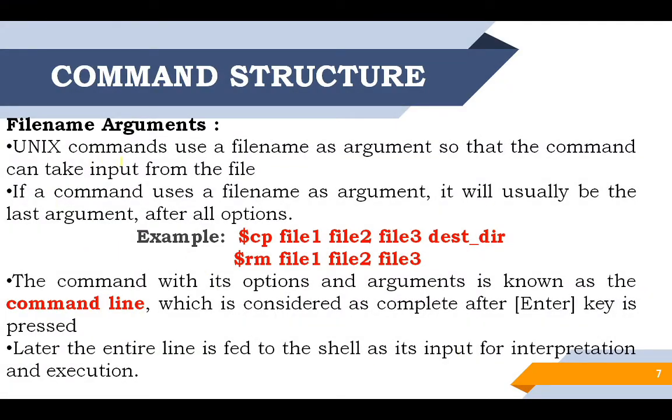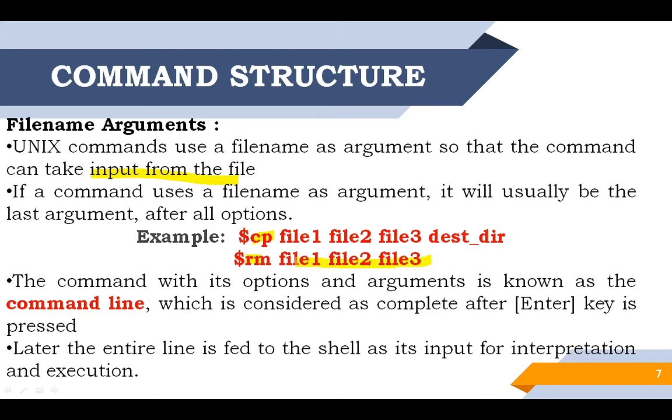Then next, the file name arguments. Unix commands use file names as arguments so that the command can take input from the file. The file name will usually be the last argument after all options. Here, cp is my command which is used for copying file 1, file 2, file 3 and the destination directory. Another example is the rm command, then file 1, file 2 and file 3.